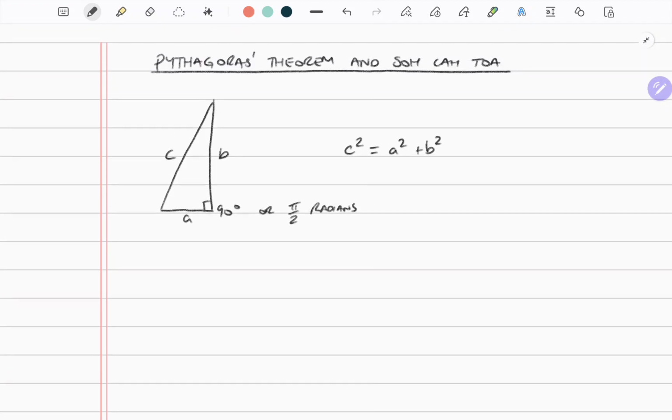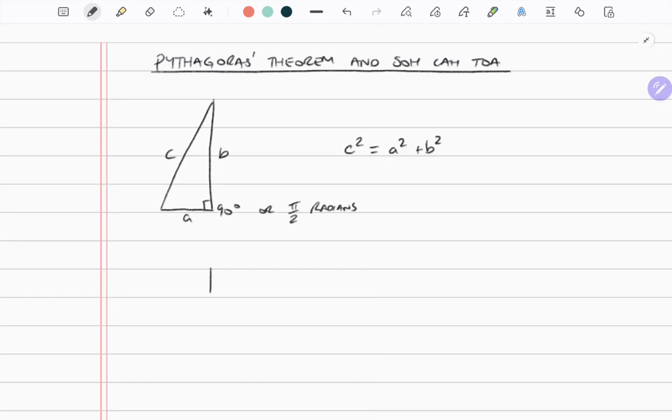So if we put that into practice, let's say this is 4, let's say this is 3, and let's say that is 5. Sorry, I've given the game away already. You don't know that's 5 yet. So that's c.